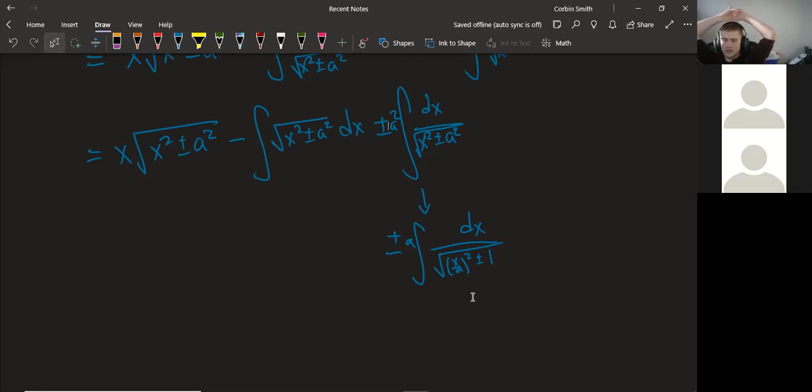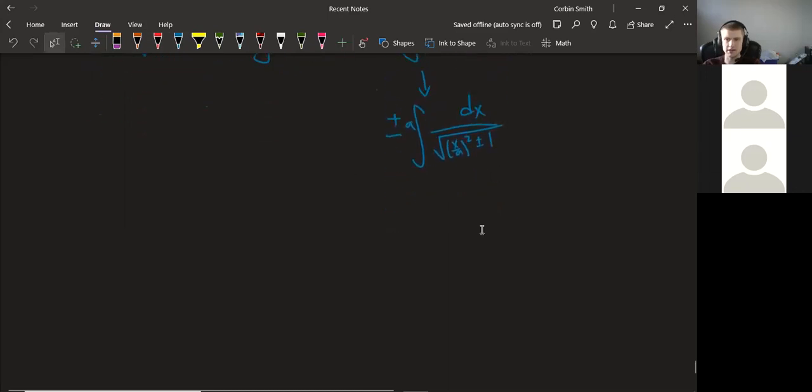Let's see what happens if we solve it separately for plus and minus, and then do a trigonometric substitution.